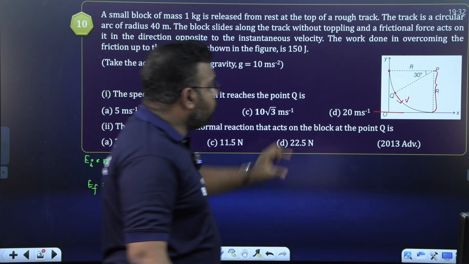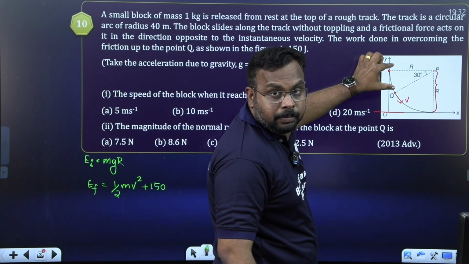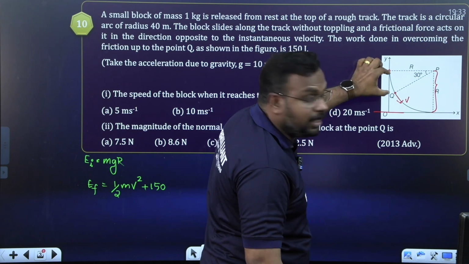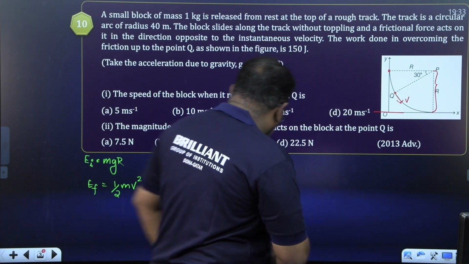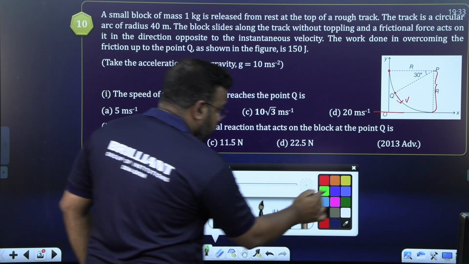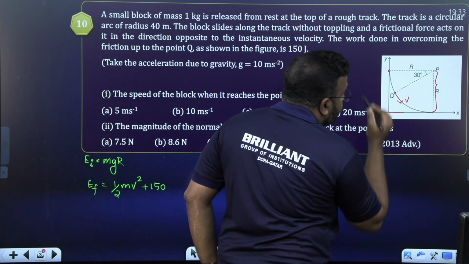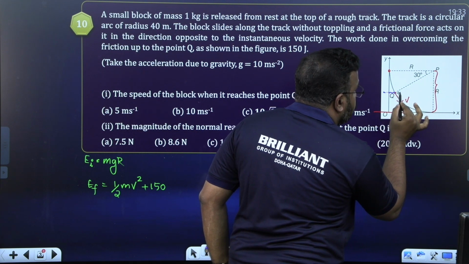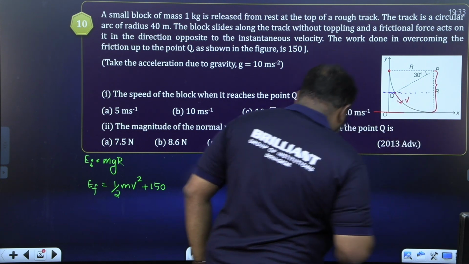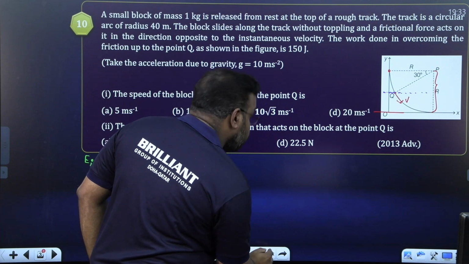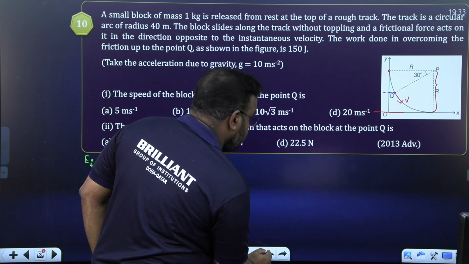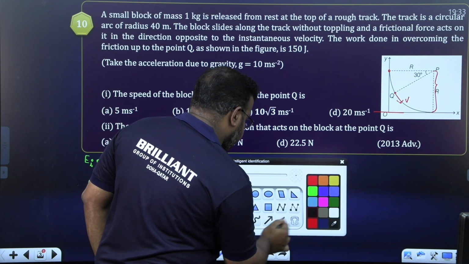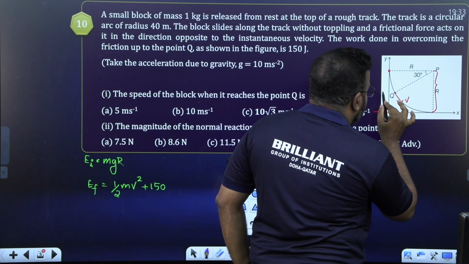Alright, for that we need this height, then only we can find it. So how to find that height? Vertical height only we need. So to find the vertical height, listen carefully, I'm drawing a horizontal line here.